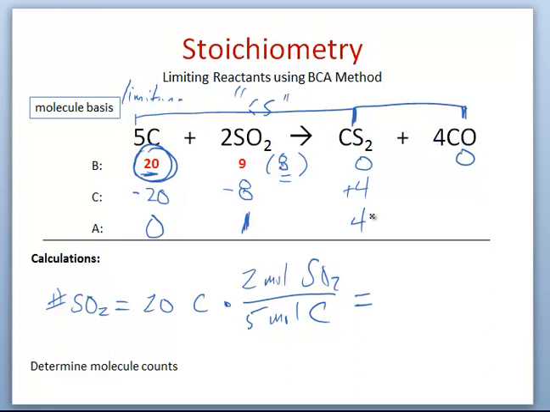So we'll make 4 times this many. We're going to take the number of carbon disulfide molecules, multiply that by 4, and that tells us how many molecules of carbon monoxide we make, right? Okay, so that's that.